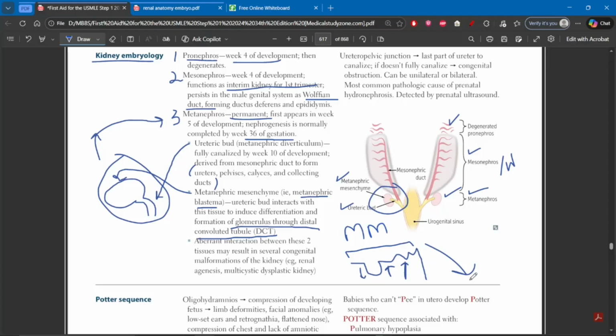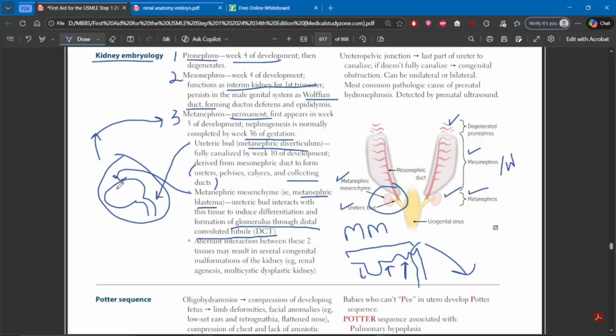But the part after, including the collecting duct, is formed by the metanephric diverticulum, right? So ureters, pelvises, calyces, and the collecting duct are formed by the metanephric bud, and before this is formed by the metanephric mesenchyme.